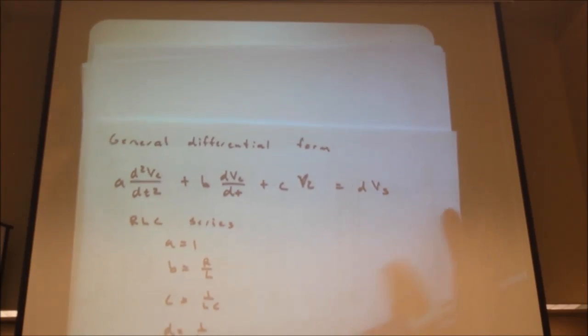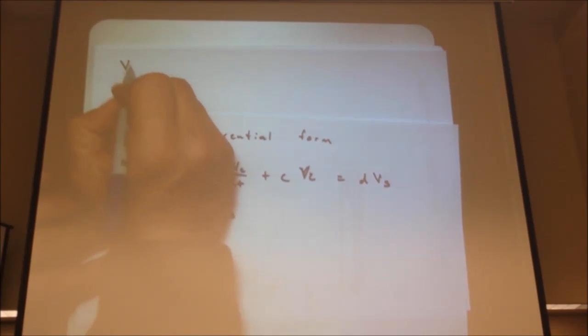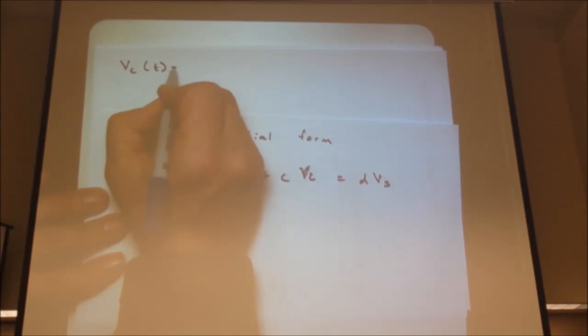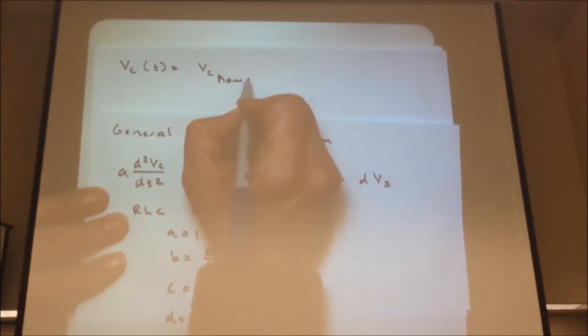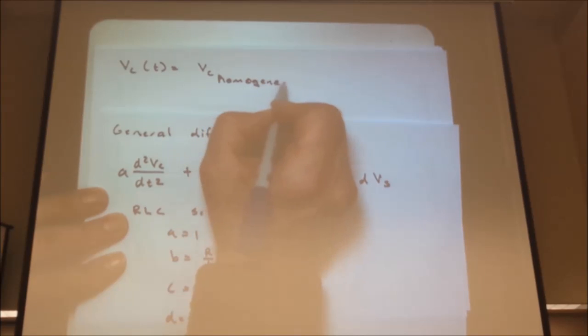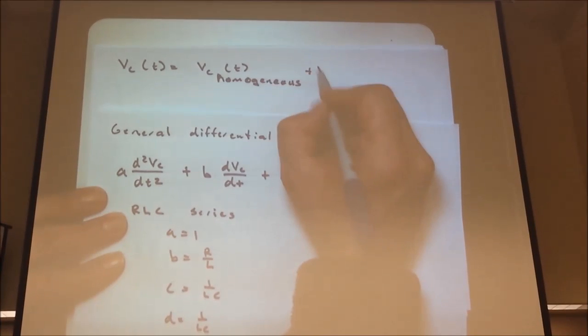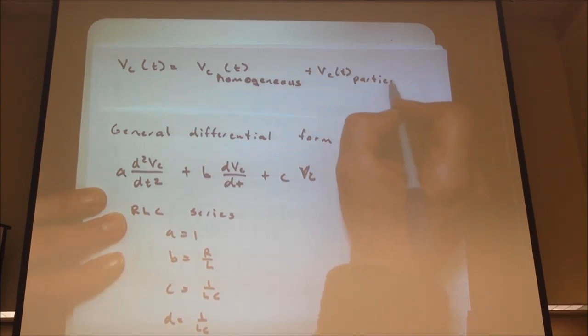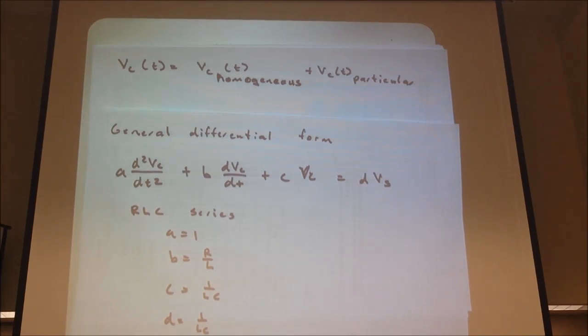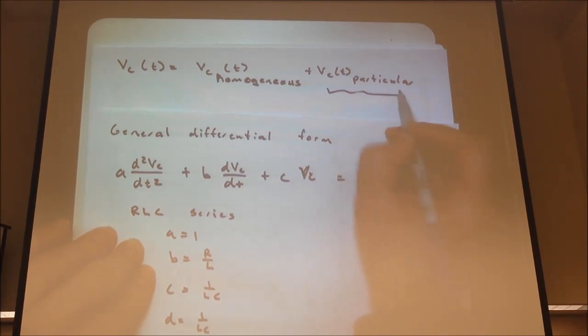VC has a solution form that's familiar. Homogeneous plus VC particular. Well, the particular solution depends on the form of the source. Nothing's changed.